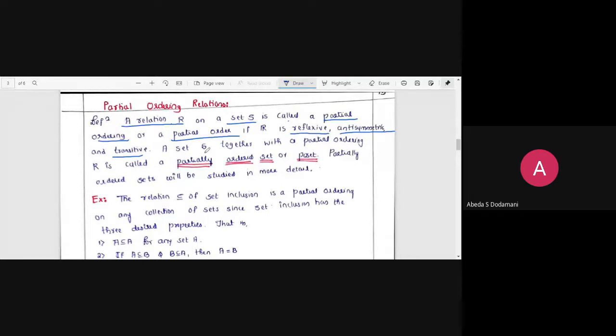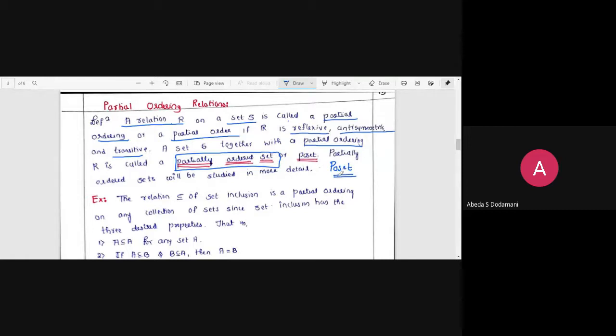A set S together with the partial ordering R is called a partially ordered set, in short, a poset.